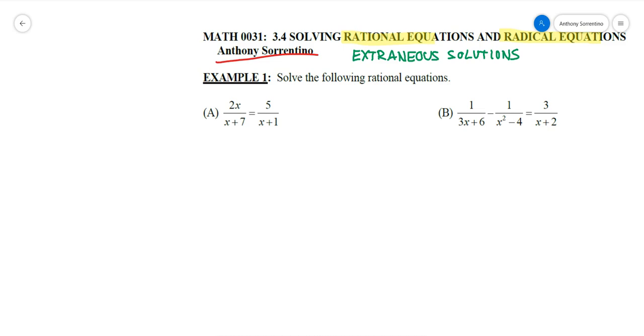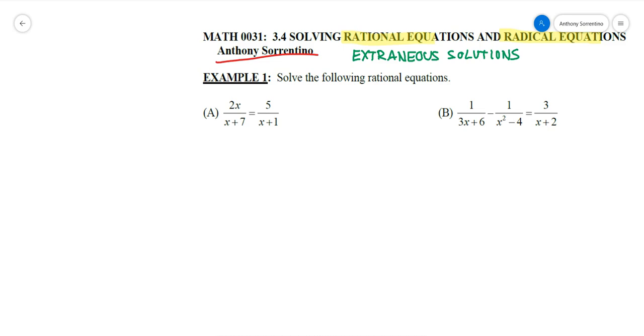So it's actually just an extra solution. I just disregard it once I realize it doesn't make any sense. These two types of equations are noted for having those quite a bit, and we can usually recognize them pretty easily once you get the idea of handling it. So let's take a look at these types of equations. What can possibly produce the extraneous solutions, and how do we go about solving these equations?